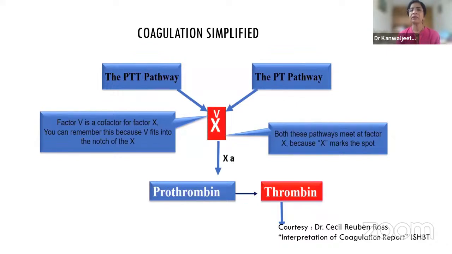This is like a crossing point of both the pathways, which works in conjunction with factor 5. We can visualize it as something fitting into the notch of factor 10. So this is the common pathway involved in the PT and the PTT pathway. And this ultimately leads to activation of prothrombin to thrombin, and thrombin activates fibrinogen to fibrin that we already saw.